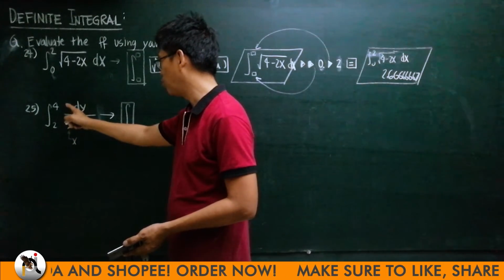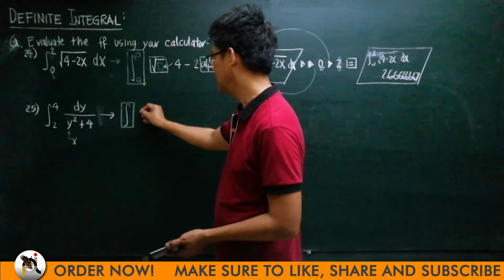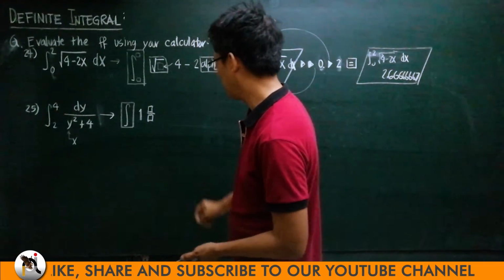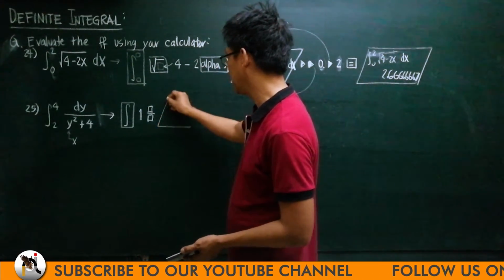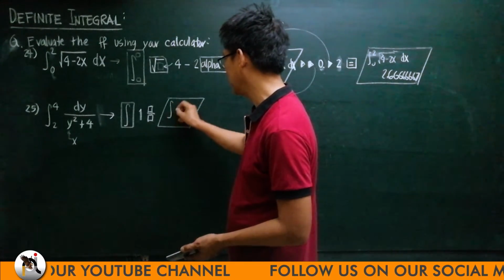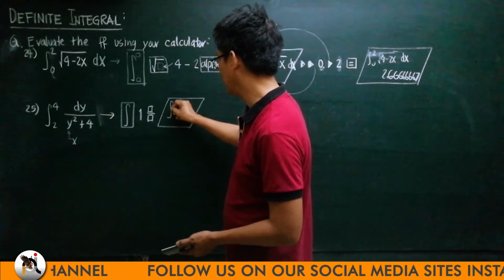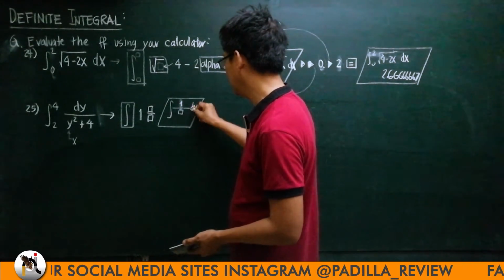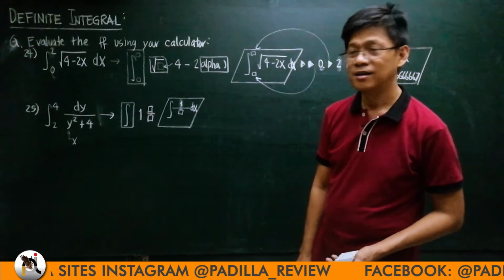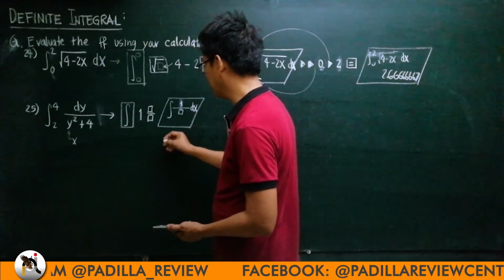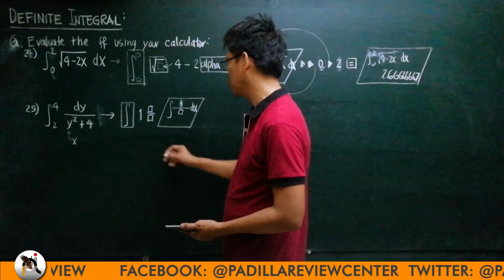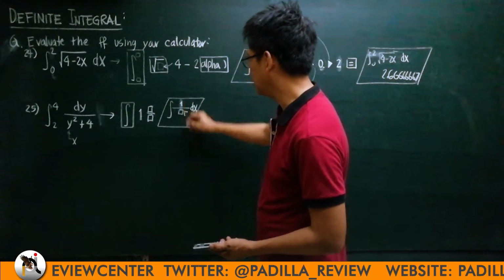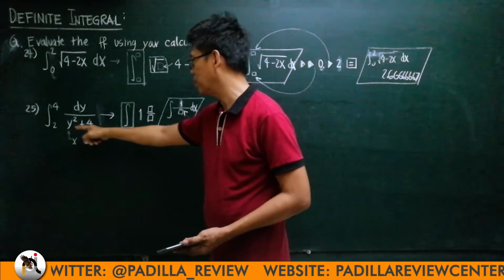Then, to input 1 over y squared plus 4, you just press 1, then fraction. Your calculator display so far will be 1 over, this is the cursor, then dx. After you input this, we are now entering the denominator, which is y squared plus 4.